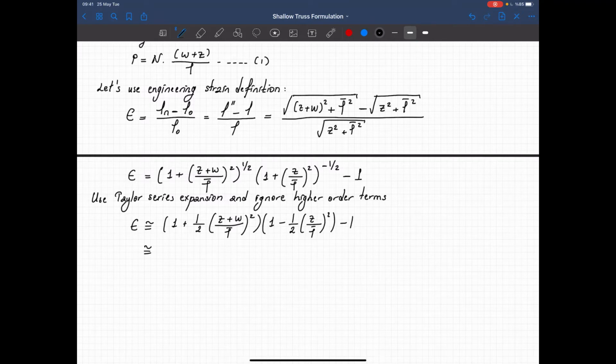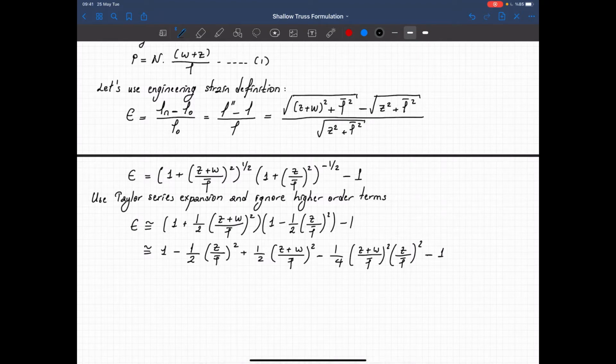Then this will be equal to 1 minus 1 over 2 Z over L hat squared plus 1 over 2 Z plus W over L hat squared minus 1 over 4 Z plus W over L hat squared times Z over L hat squared, minus 1.